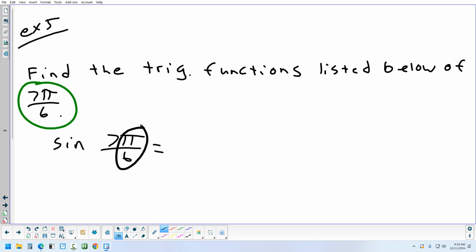What is pi over 6 in degrees? Yep, 30. So this is really 30 times 7, which is how much? Yep, 210 degrees.